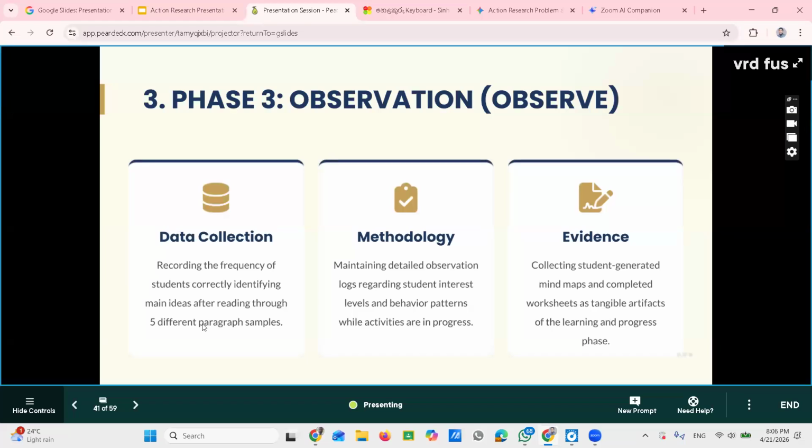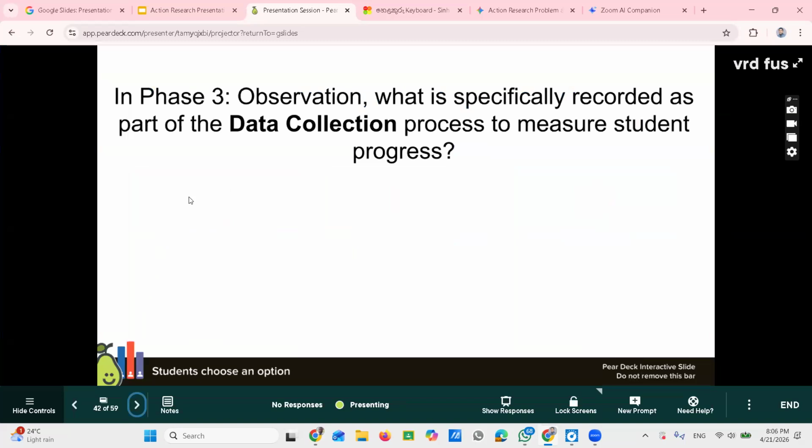Right, then move to the next activity. This activity is based on the third step, observation. Now try to do this one.